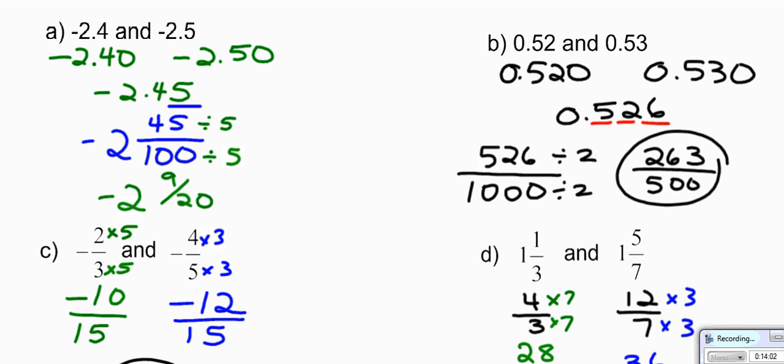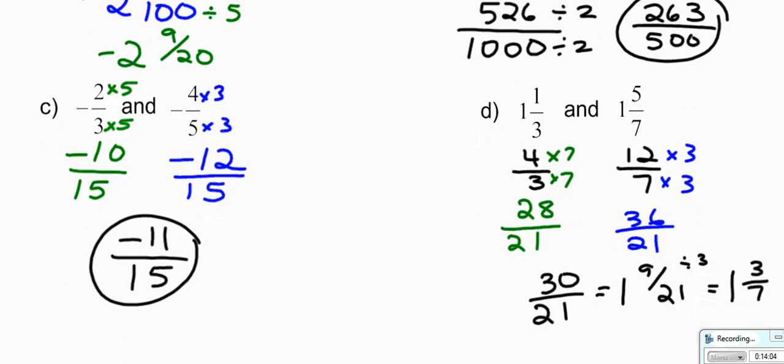If we look at our last example, I put both fractions into improper fractions. So 3 times 1 plus 1 gives us 4/3, and 7 times 1 plus 5 gives us 12/7. Again, we still don't have a common denominator, so just like example C, we need to make a common denominator. The way that we do that is multiplying the fractions by the opposite denominator.